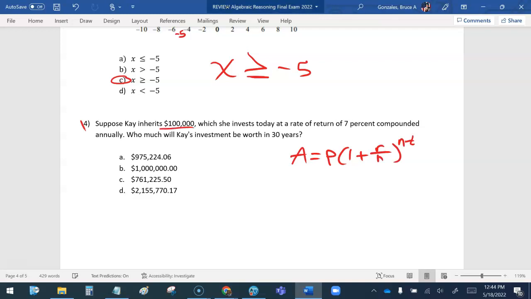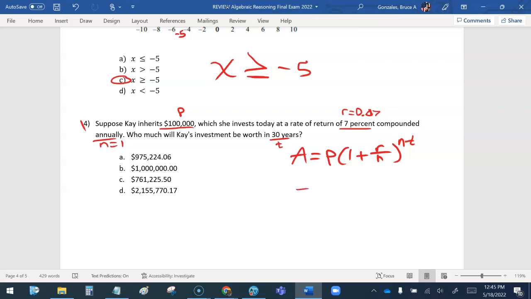So you're going to inherit this much money, that's your P, investing at a rate of 7%, so your rate is 0.07, I should say. Compounded annually, that means n equals 1. And then after 30 years, t, what are we going to get?